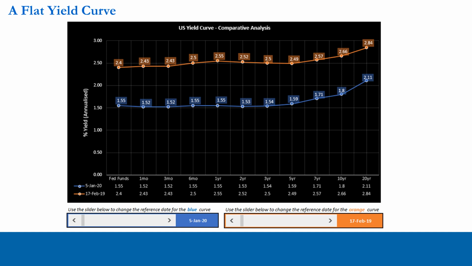So if you look across the maturities, you can see the Fed funds rate, the official rate, is 2.4, and you can see across the maturities, 1 month money, 2.43, same for 3 month money, 6 month money, 2.5, 1 year around 2.5, 2.55. We're around 2.50, 2.55, all the way up to 5 year money, and then 7 year money and 10 year money is on a slight premium.